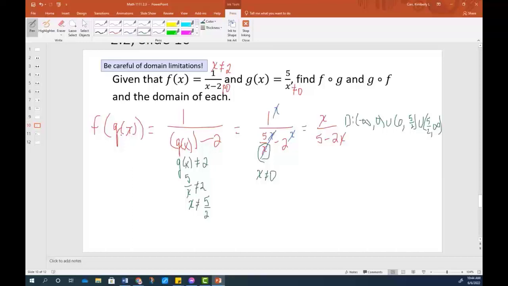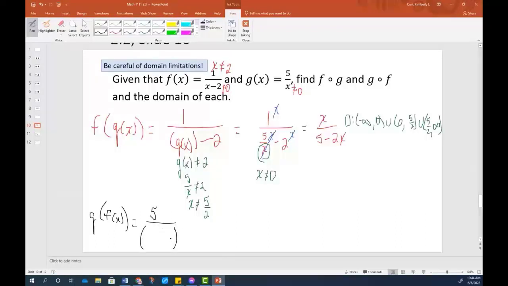Now we still need to do G of F, and so we'll change colors again and see if we can get something else going, and I'm going to squeeze that in there. So if we need to do G of F of X, my outside function is G, and G says 5/something.